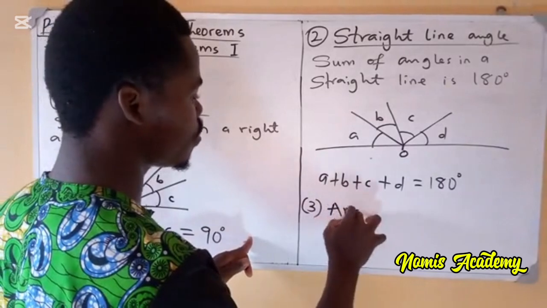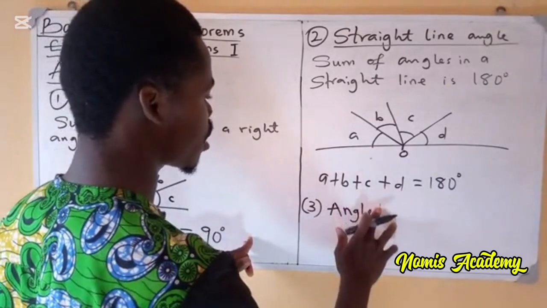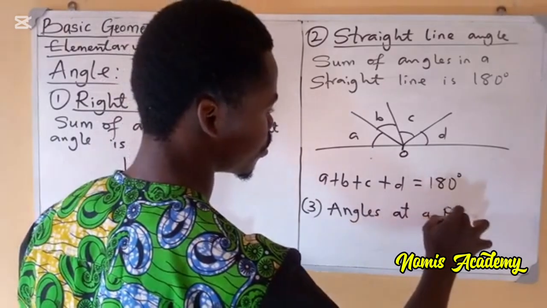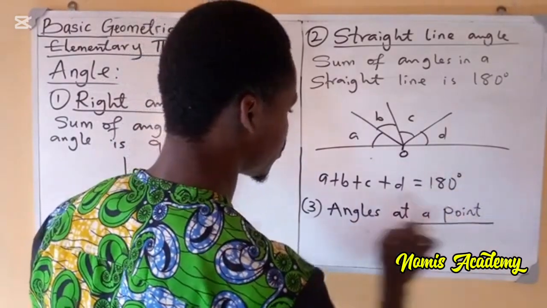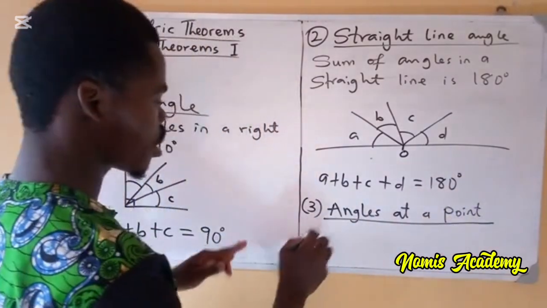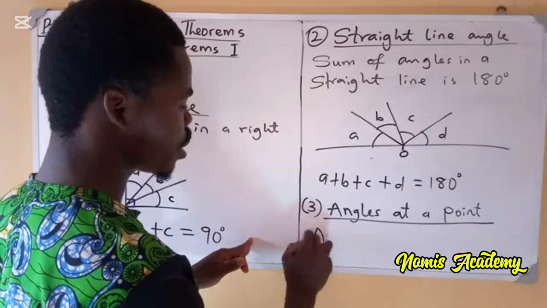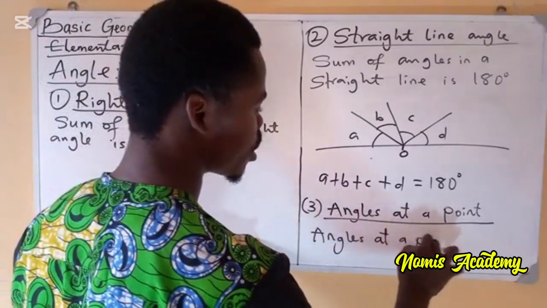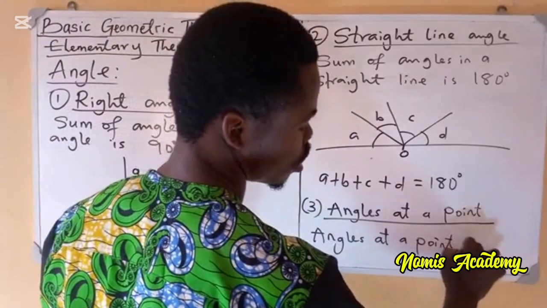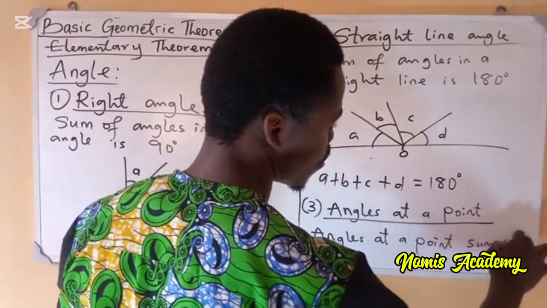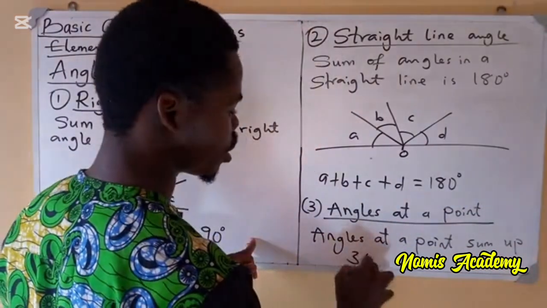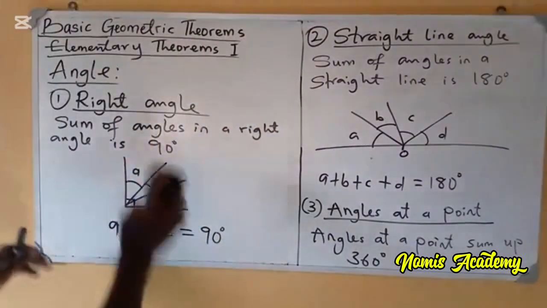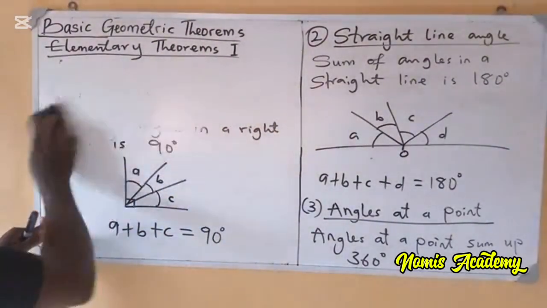Okay, the next one, number 3, angles at a point. Angles at a point sum up to 360 degrees.